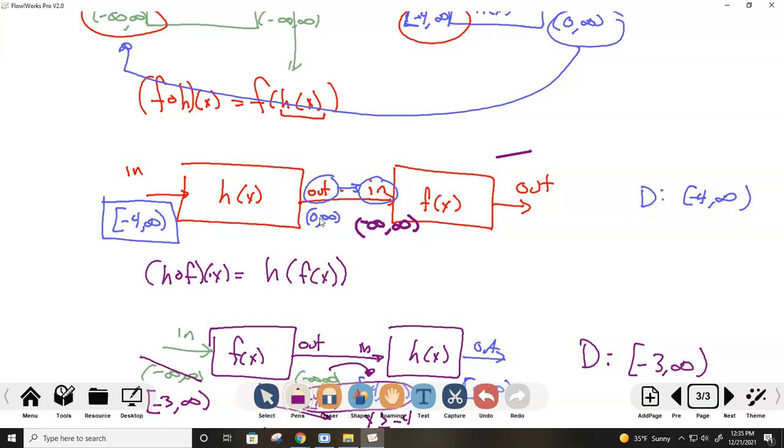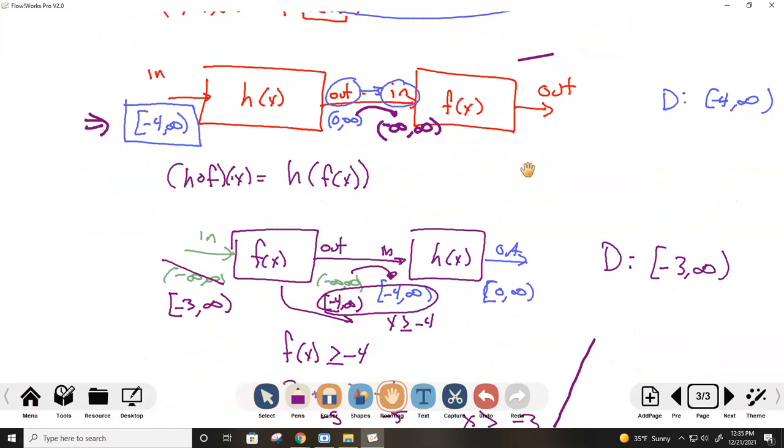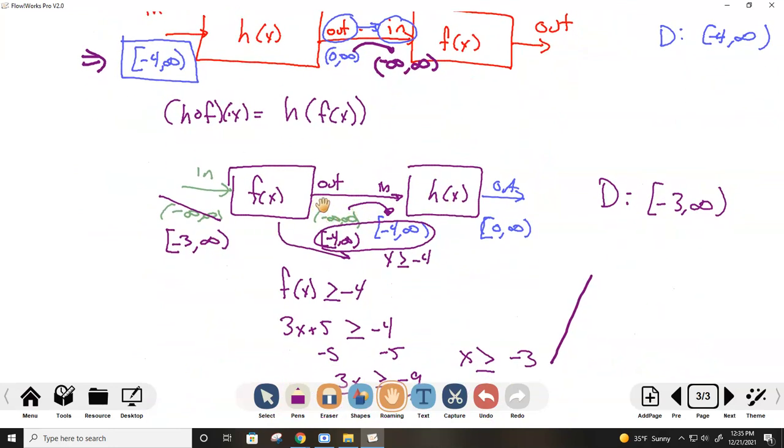Well, if I get out something between 0 and infinity, it fits in this domain, so I'm okay, and I don't have to change anything. I can go with the domain I started with. But when I come out to say this range, the output doesn't fit in this domain, I have to limit my input so that my output will match up with this input, so that I can do my second function.